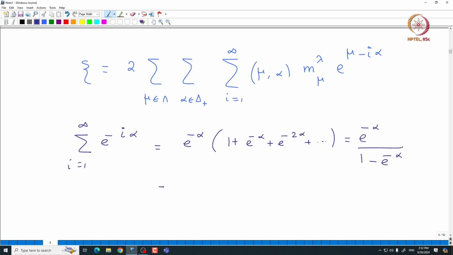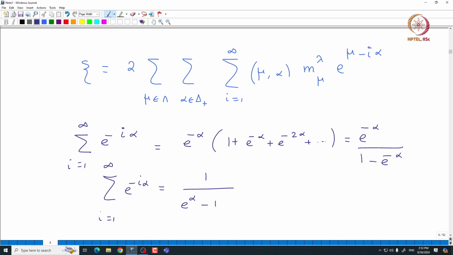If you rewrite this, you can see that this is exactly equal to 1 divided by e power alpha minus 1. So, the summation of e power minus i alpha, i from 1 to infinity, is given by 1 divided by e power alpha minus 1.